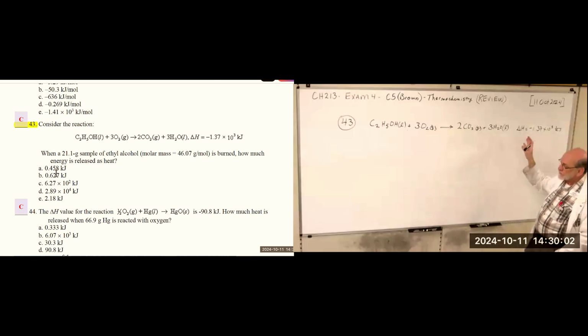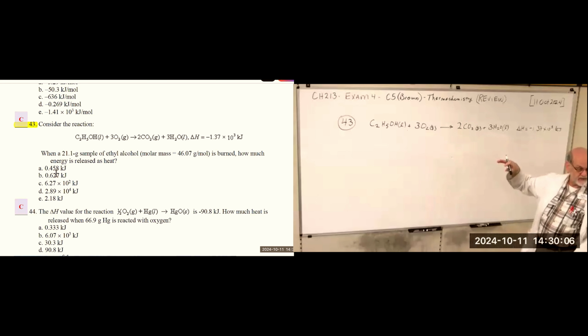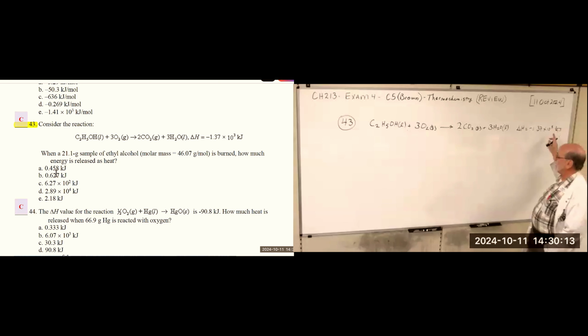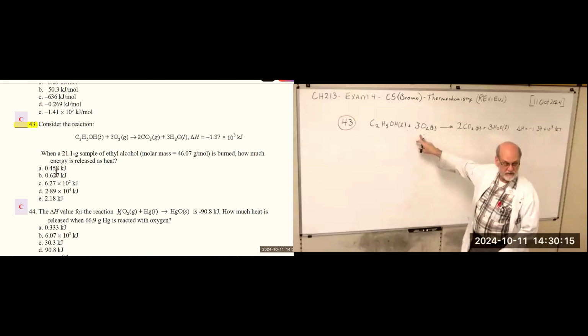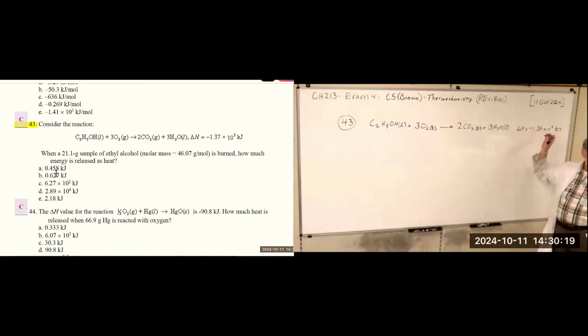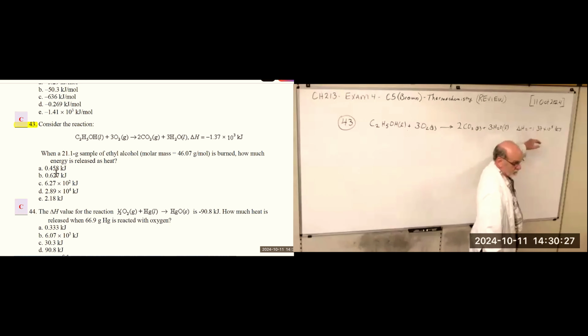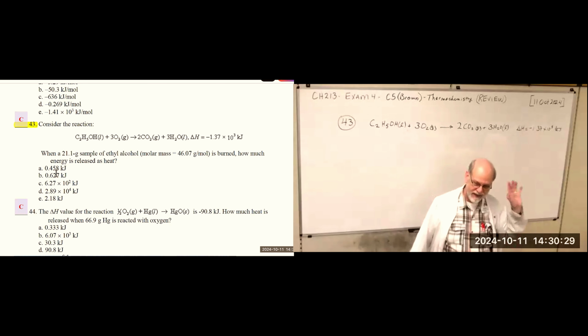So relative to 1 mole of ethanol being completely consumed in this reaction, it would be that many kilojoules per mole of ethanol. Or it could be that many kilojoules per 3 moles of oxygen, or per 2 moles of CO2, or per 3 moles of water. Either way, any one of those ways work. So that's why we don't put a denominator with this value, because it applies to that balanced equation.